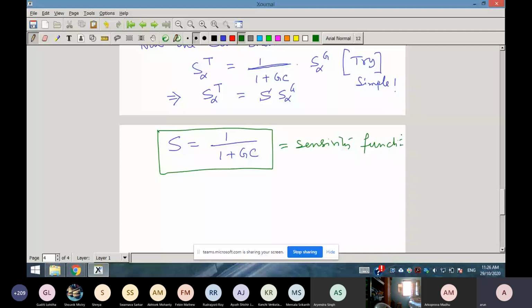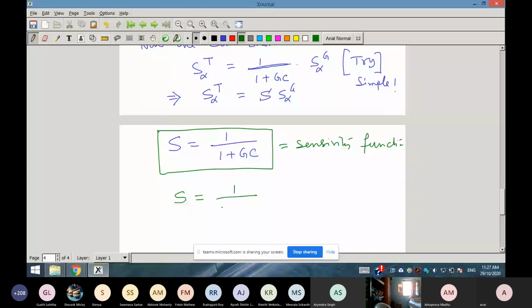From this relation, you can easily see that S can also be written as 1 divided by 1 plus L. What is L?